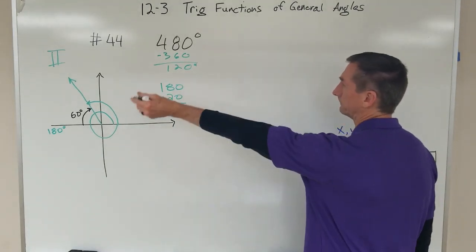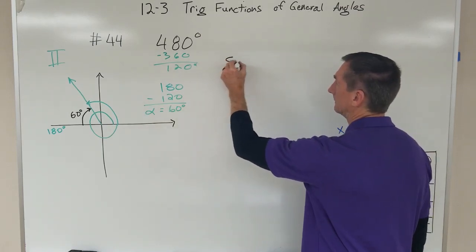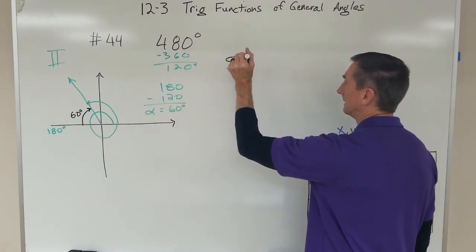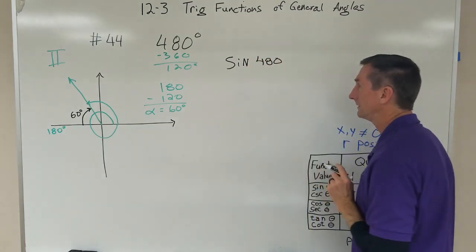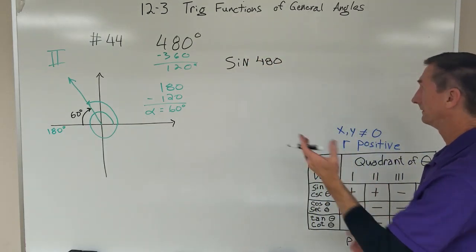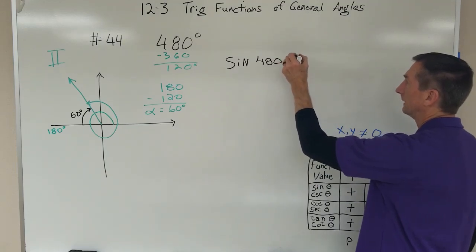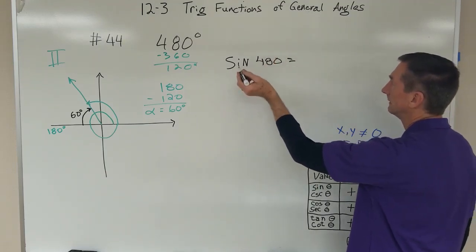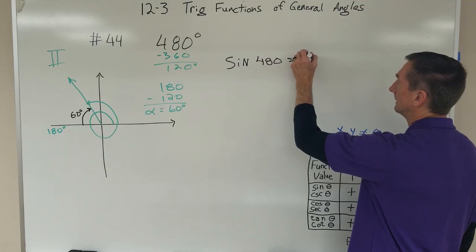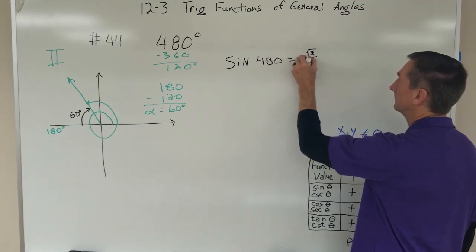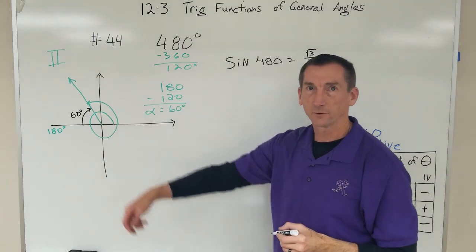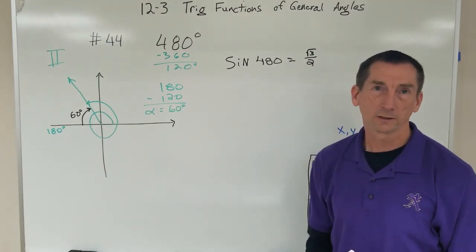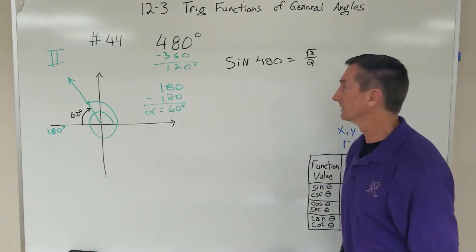Okay, so sine of 480. Since we know the sine is going to be positive, it's going to equal the sine of 60, which is what? Square root of 3 over 2. You should probably have these memorized for the 30, 60, and 45. If not, they're in a chart in the previous section.